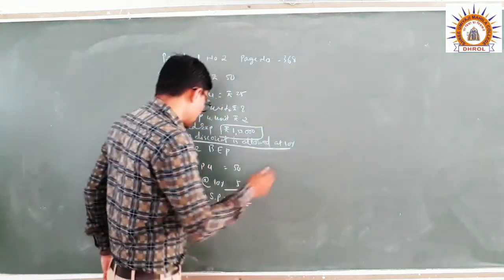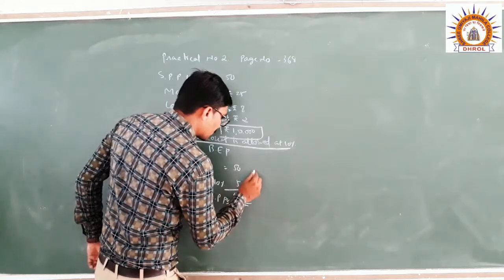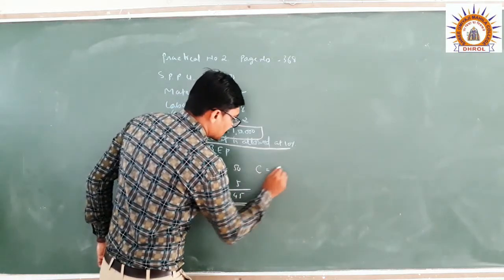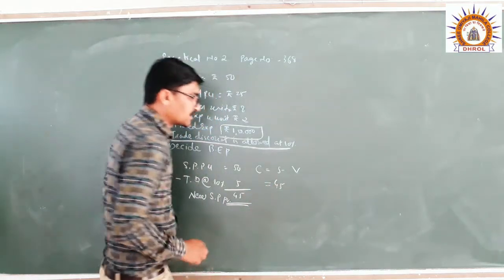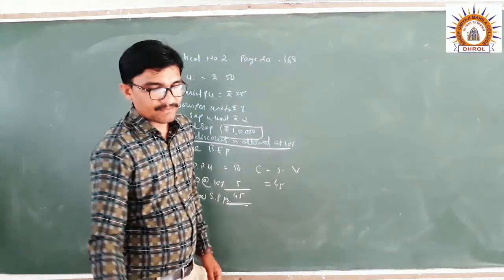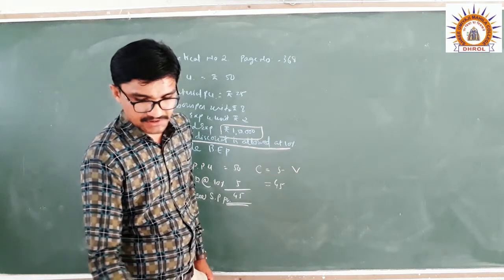So let us start with contribution. C stands for S minus V. Here 45 rupees is S, you should consider.